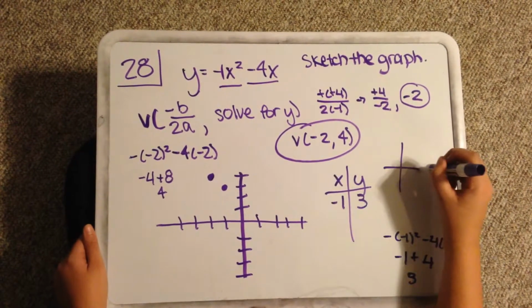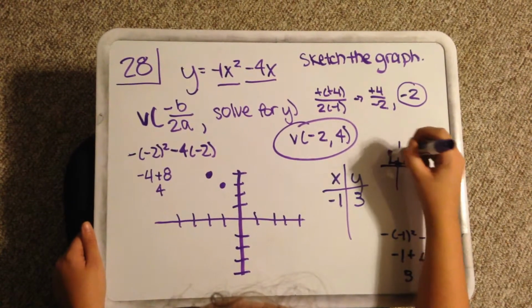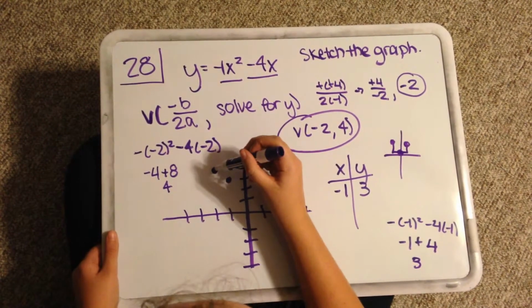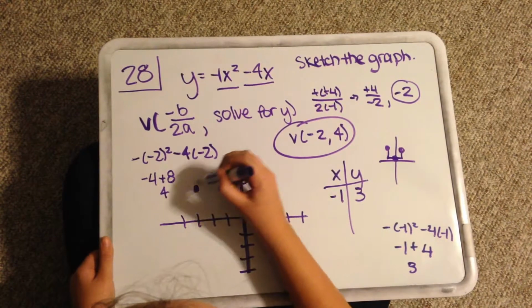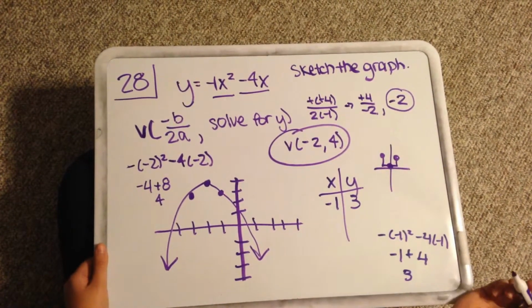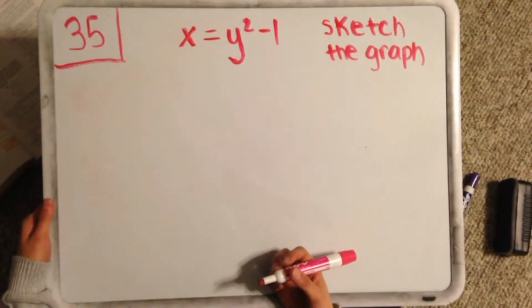It's known that a parabola goes from the center up 1 over 1, up 1 over 1, and so on and so forth. But since this is negative, you just know it goes down 1 and over 1. And so there you have 3 points. And if I can draw a straight line, you can just graph your parabola. And there you go.